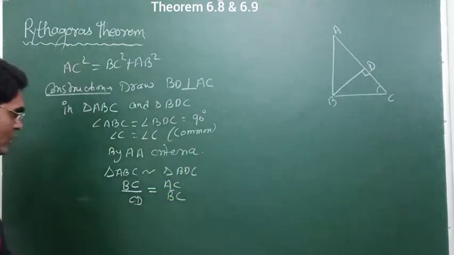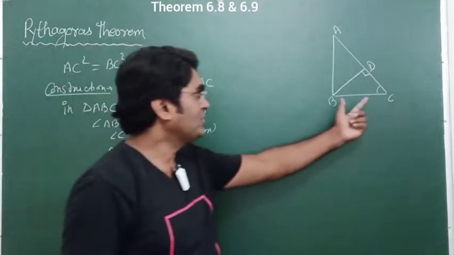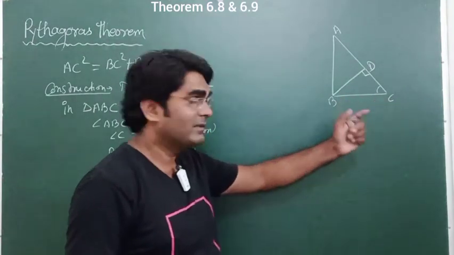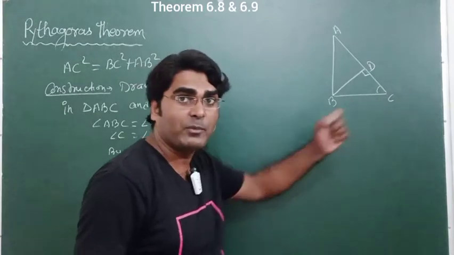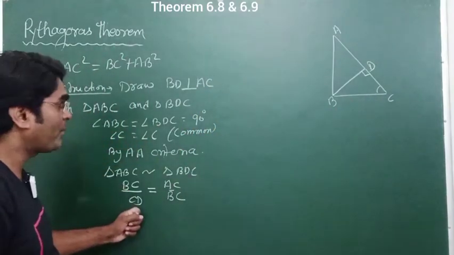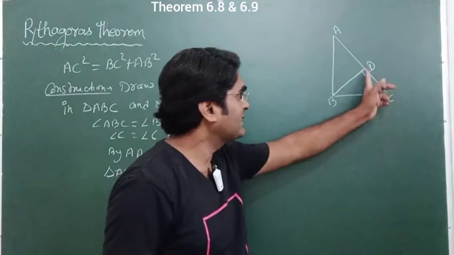Any doubt? This BC is the hypotenuse of the right angle triangle BDC, so BC is the hypotenuse upon CD, and CD is the base.